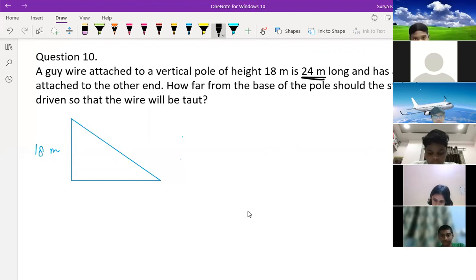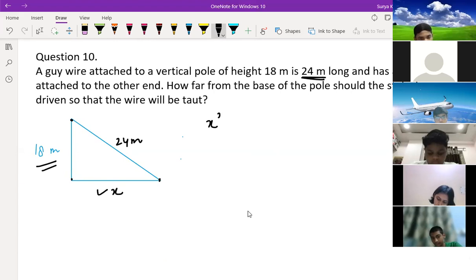A guy wire attached to a vertical pole of height 18 meter. Is 24 meter long and has a stake attached to the other end. Okay, from here to this other end, that is 24 meter, right? How far from the base of the pole should be the stake? How far from the pole? This you should find, x.